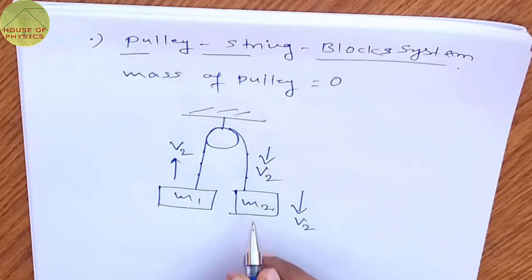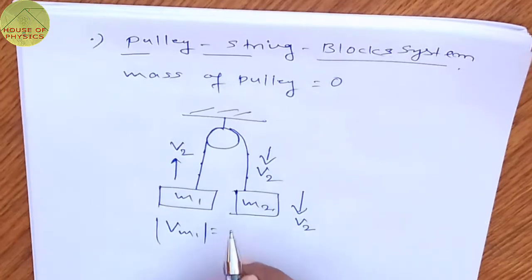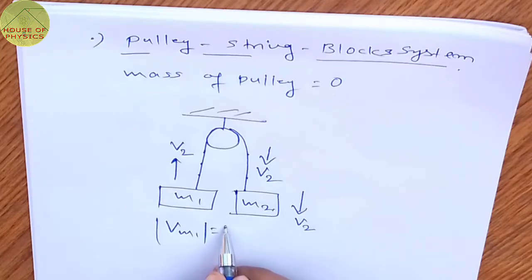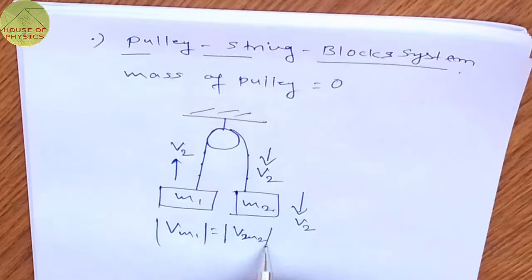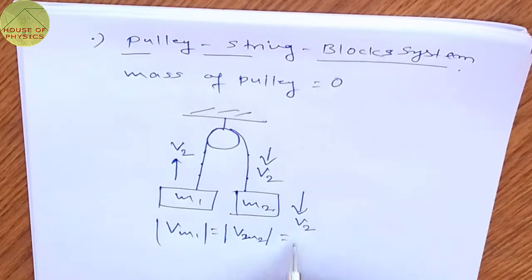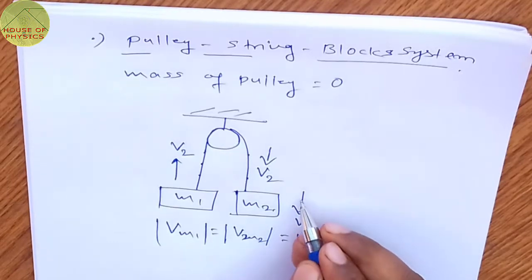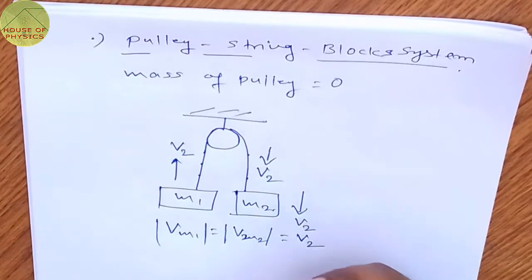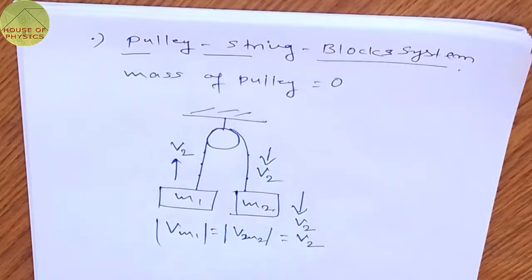So the magnitude of the velocity will be the same. The magnitude of the velocity of the two blocks will remain the same, equal to v2, but the direction will change. Since this is moving in the down direction, it is obvious that this block will be moving in the upward direction.